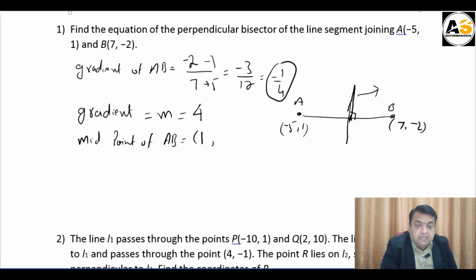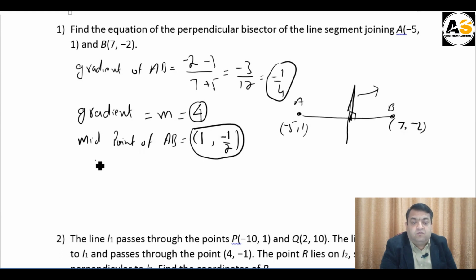So this is the point now. We have the midpoint of AB, which is 1 and minus 1 by 2. Now we have the gradient as well as a point of the perpendicular bisector of AB.